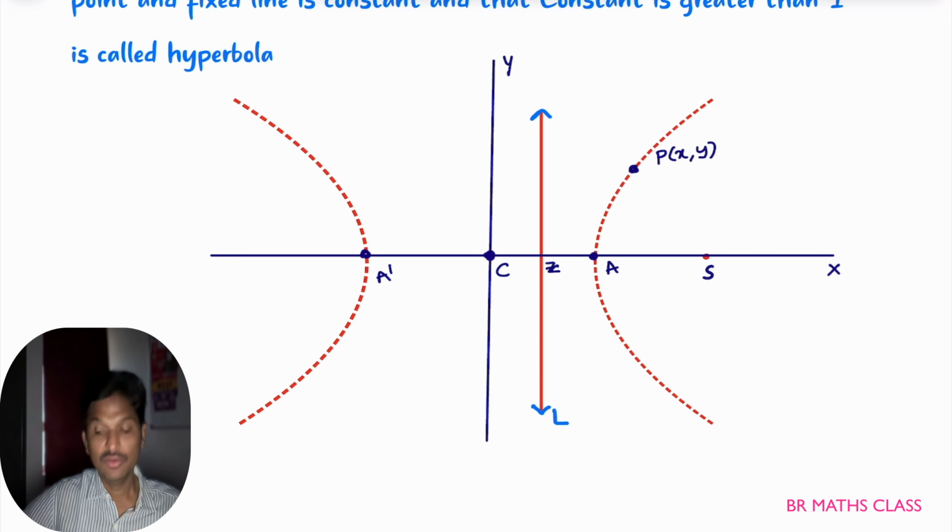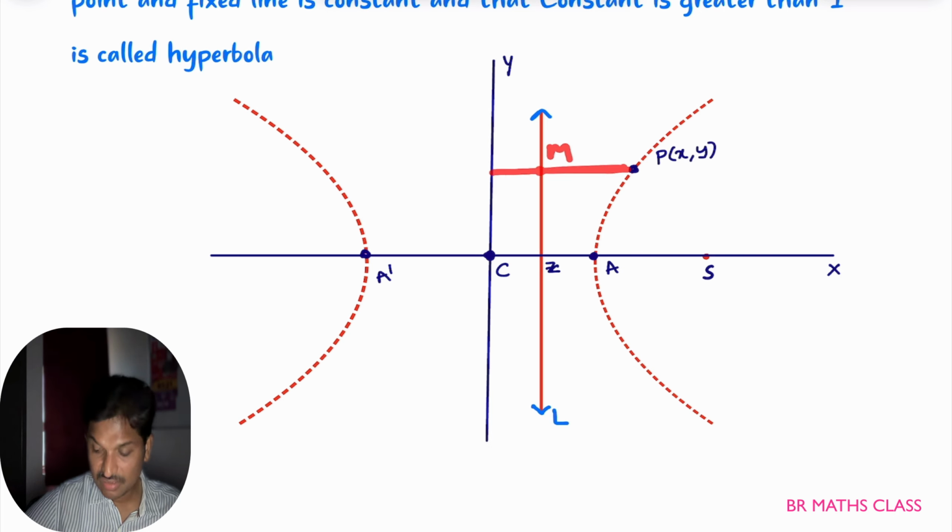And one more thing, we can write what PM is. You see here, this is PM. We can write what this length is. As you took P as (x, y), you observe this length is x, and this length is y. Now I want to write PM, this length.